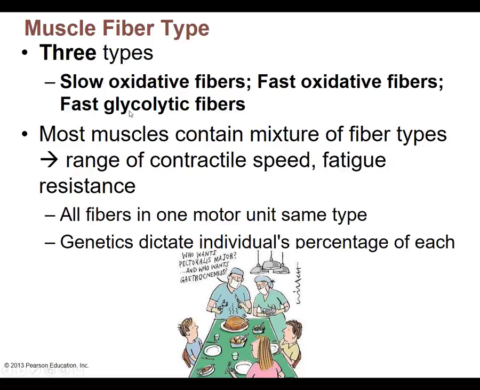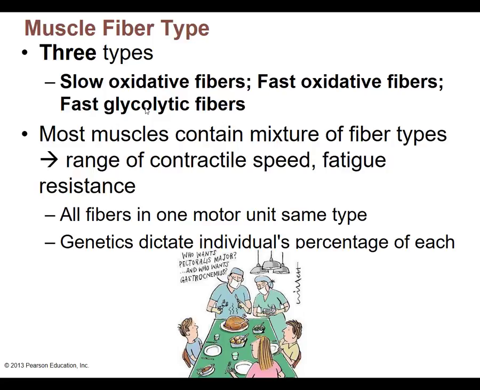Because it doesn't need the mitochondria, which we use when we make ATP with oxygen, it doesn't have very many mitochondria in these types of muscles. They also have very little myoglobin. Again, myoglobin is an oxygen-binding pigment. Well, these make their ATP not using oxygen, so very little myoglobin. So these muscles appear very light colored or white.